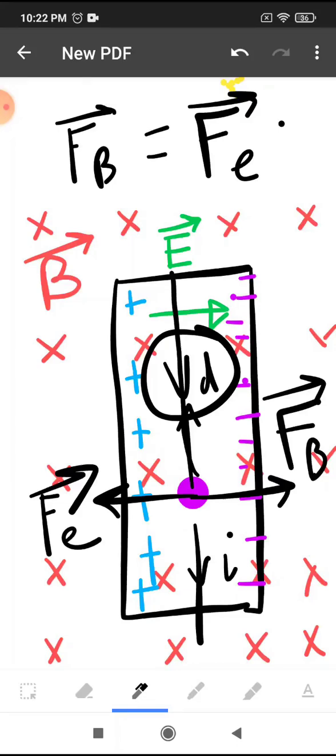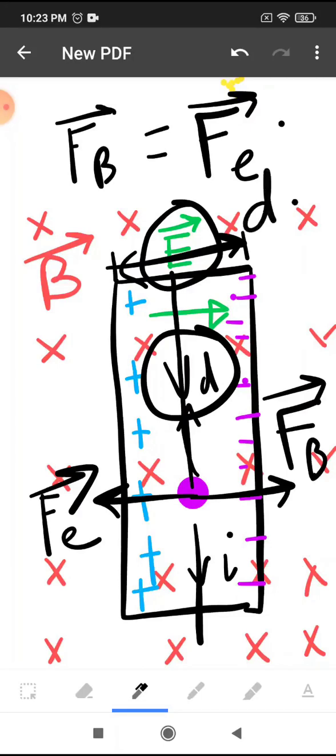So what is the consequence of this? It means that a particular potential difference was set up due to this electric field. Let us mark this edge width as d.